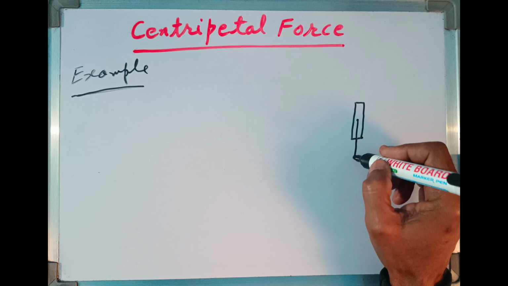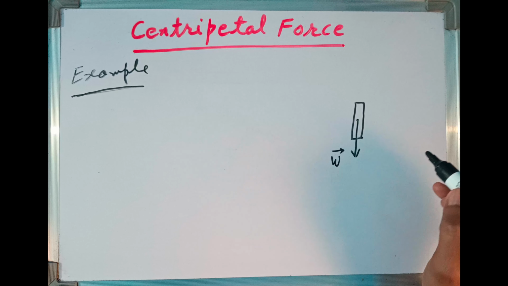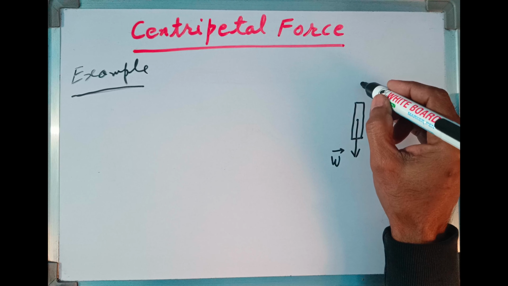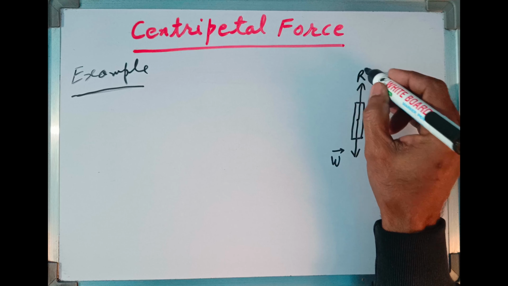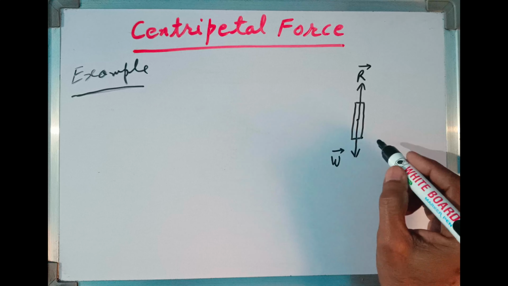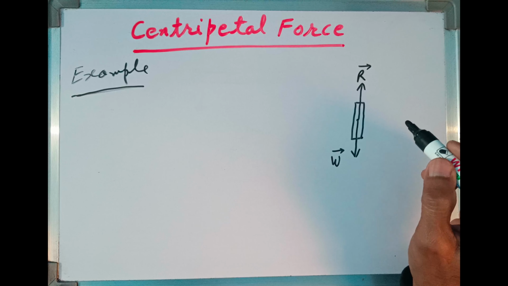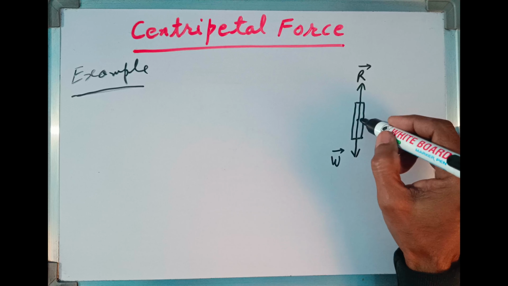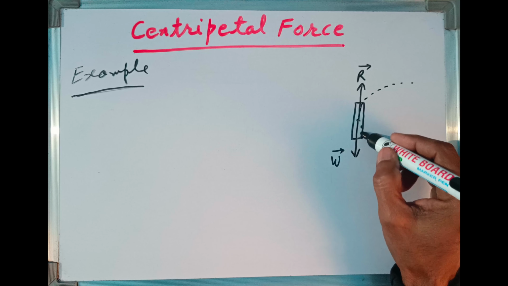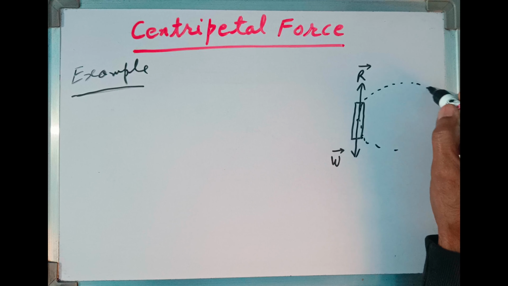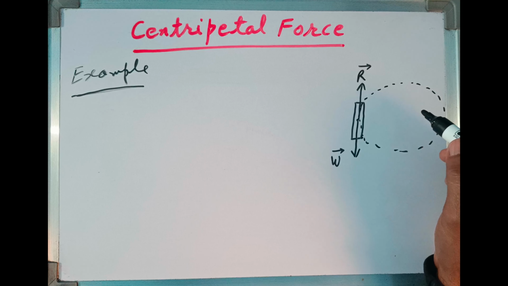It will have a weight in vertically downward direction, and a normal reaction will act on the system due to the plain road when it is moving in a straight line. Suppose it wants to take a turn, meaning it wants to follow a circular path. So a turn is a part of a circular path.